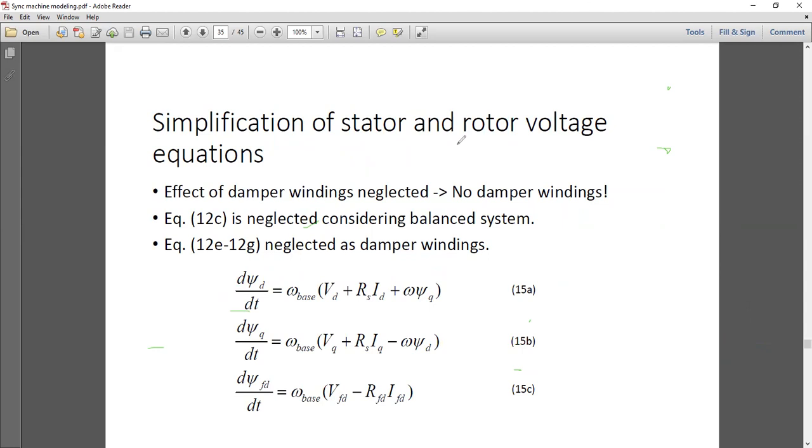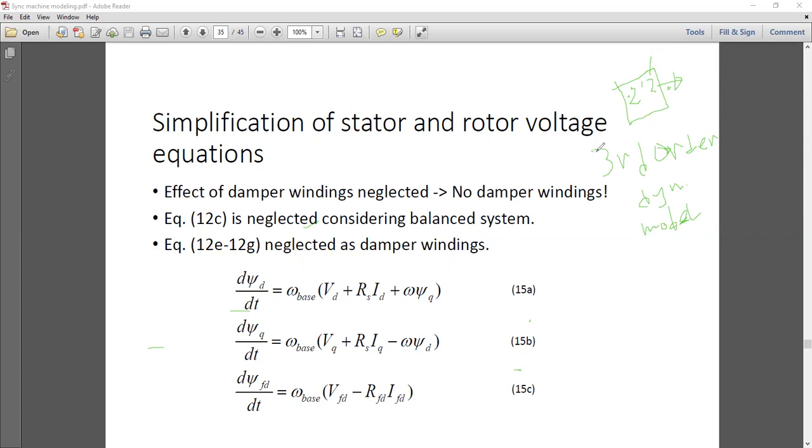Now we will slowly go to our target. That target was to build up the third order dynamic model, if you remember, the third order dynamic model for the synchronous generator. We actually started from model 2.2. Remember, our model was 2.2: 2 coils in the D axis and 2 coils in the Q axis.